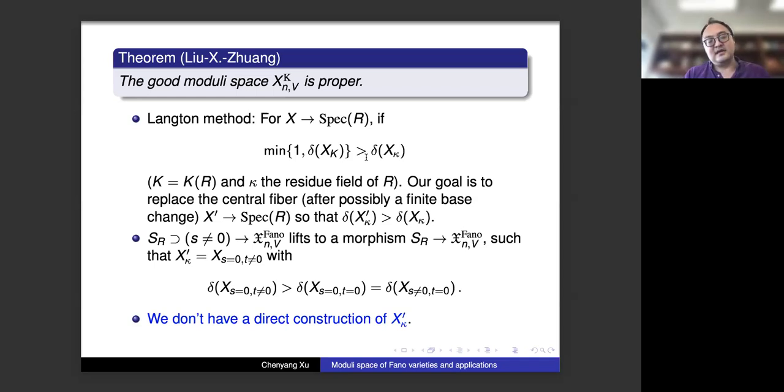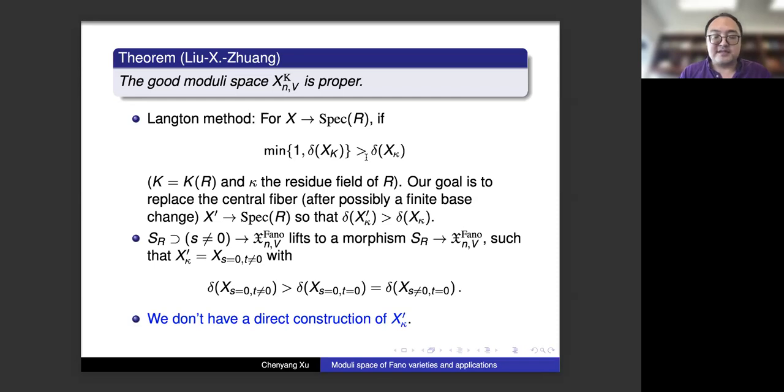If you apply the theorem I mentioned at the beginning of my talk by Chi Li and myself more than 10 years ago, we can always fill in the fiber with some Fano variety, but it might not be K-semistable. In other words, it might happen that the delta of the central fiber is smaller than the delta of the generic fiber or one.